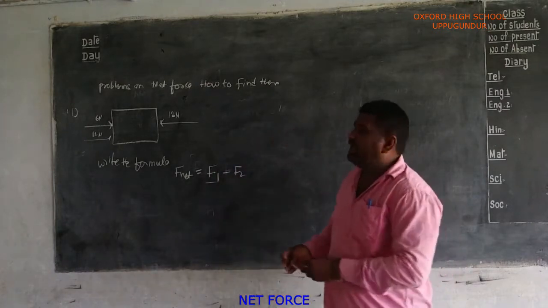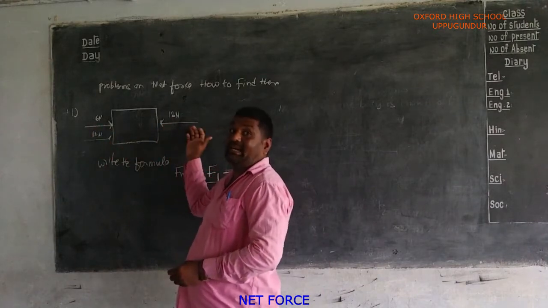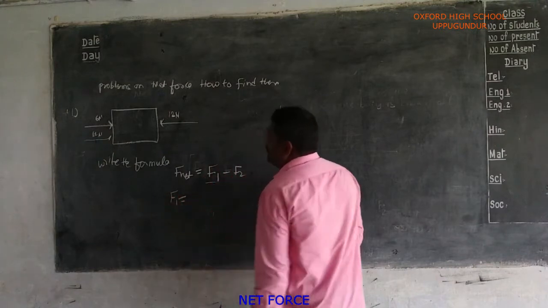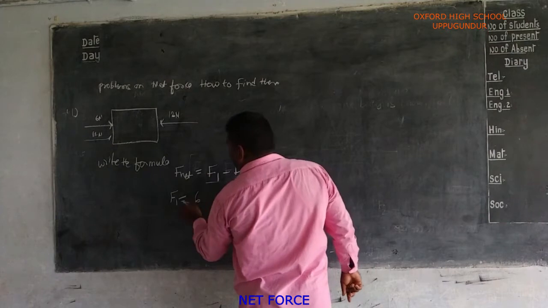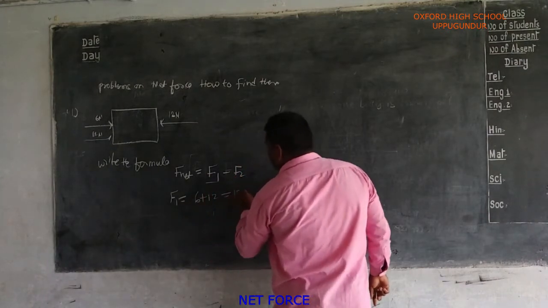There are two types of forces, the left side force and the right side force. F1 is 6 plus 12, that is 18 newtons.